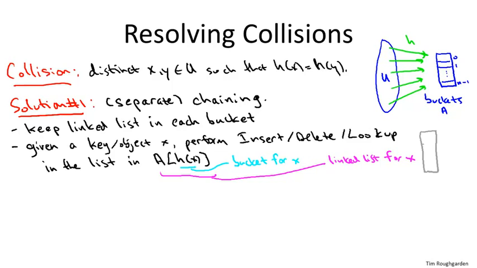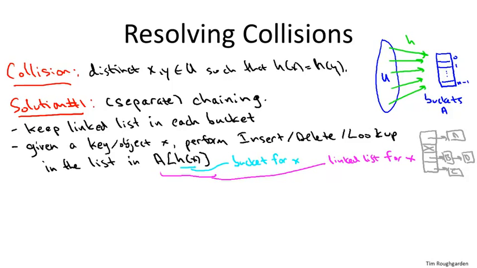Maybe the second bucket just has a null pointer. No one's been inserted into the second bucket. Into the third bucket, we have, let's say, both Bob as well as Daniel. And then maybe in the fourth bucket, we have Carol. Okay, so because we have a collision between Bob and Daniel, both map to the third bucket, and we resolve that just by having a linked list with Bob and Daniel in some order.